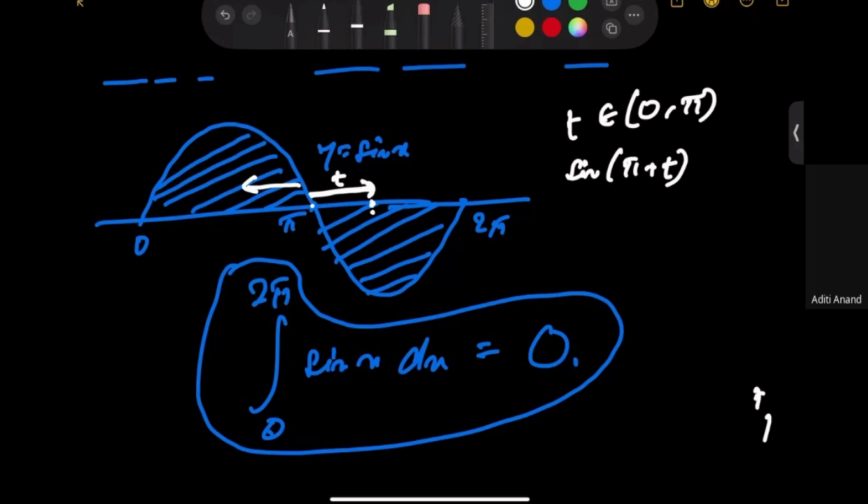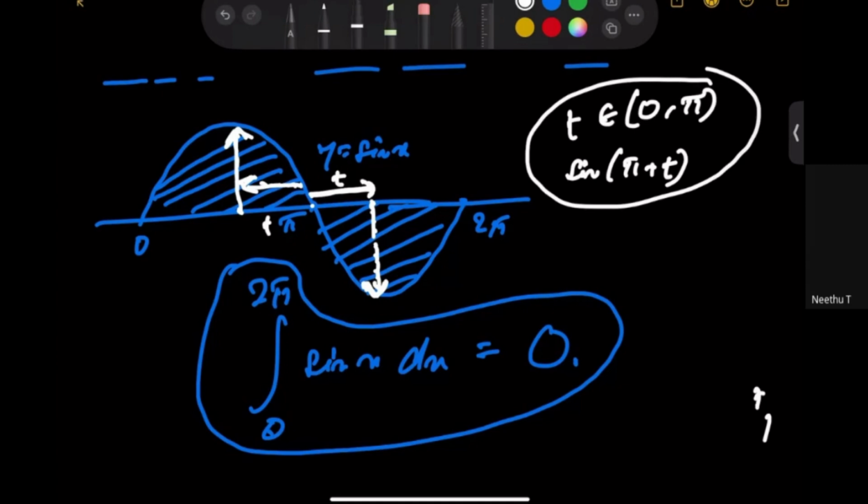This value is exactly the negative of this one. So whatever you get here will be exactly the negative of this. Are you following, for any t between 0 and pi?